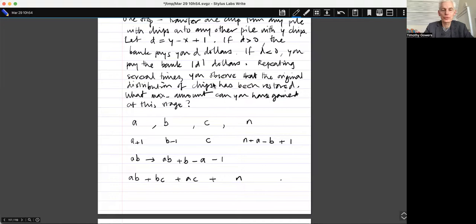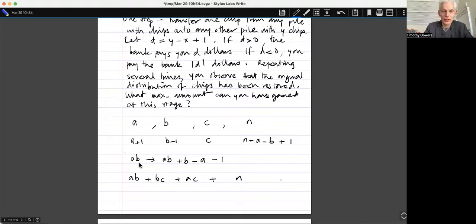I wanted to prove that the most you can gain is in fact 0 because there's some invariant. I searched around for an invariant of the number of chips you've got and the amount you've got in your wallet after the bank has paid you or you've paid the bank back. I couldn't find any invariant that was a linear combination of these, and after a while it seemed as though there was not going to be one.